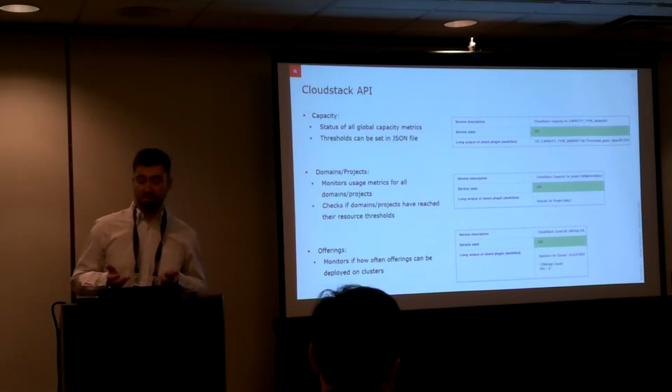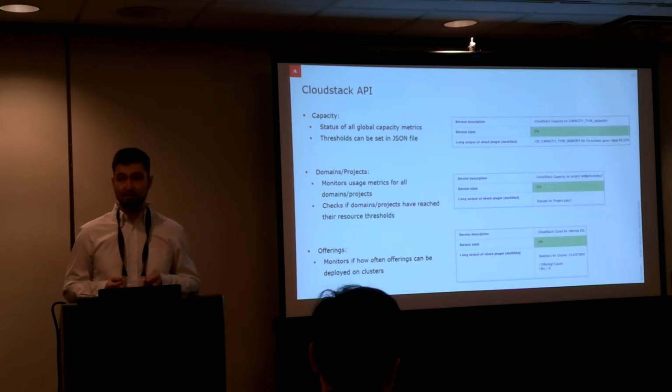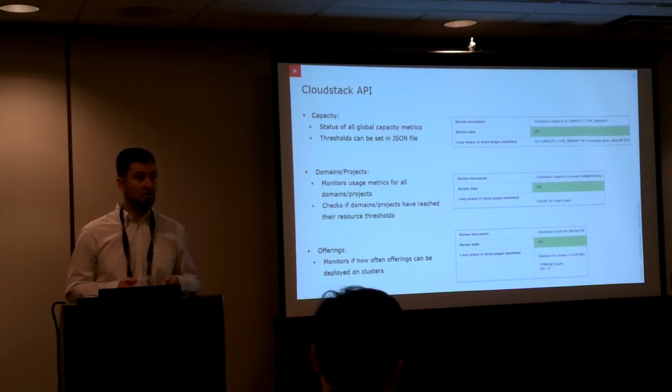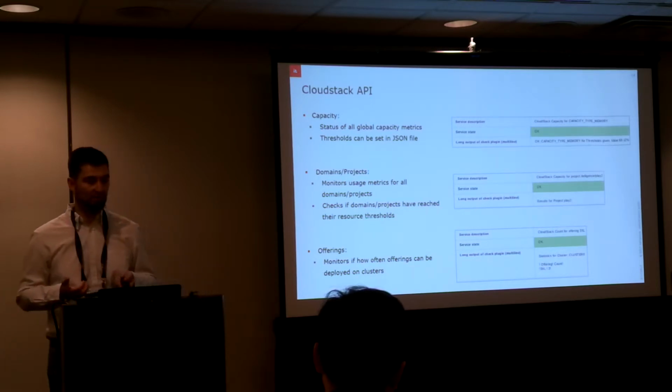We can do the same thing for domains and projects. So we can also check the resources already consumed by a specific domain or by a specific project. And we can also define thresholds here so that we can be informed when a customer reaches a specific level of resource consumption.